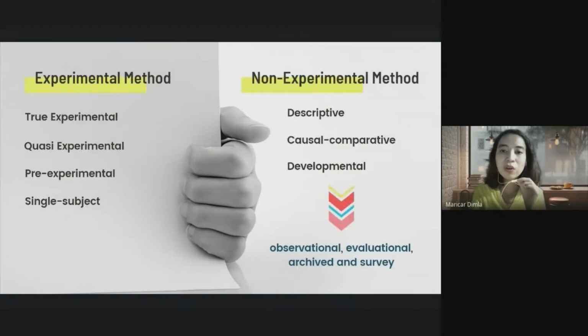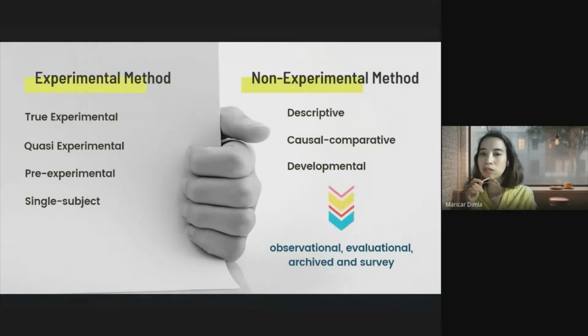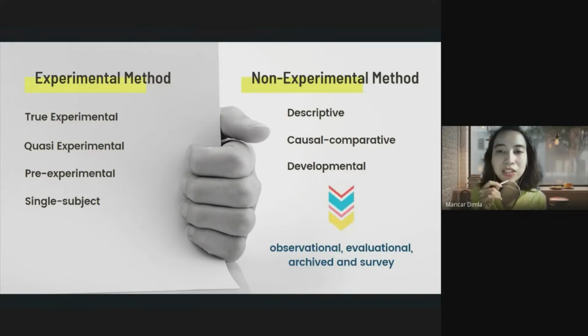Okay, class? So, under non-experimental, we have the descriptive. Kaya kung nagbabasa kayo ng mga research papers, you kept hearing or reading descriptive research method, descriptive correlational, descriptive comparative. What makes descriptive different from descriptive comparative, correlation, ganun. Later, ma-justify na natin. So, under non-experimental, we also have the causal comparative and the developmental.